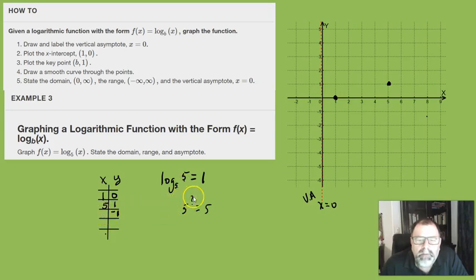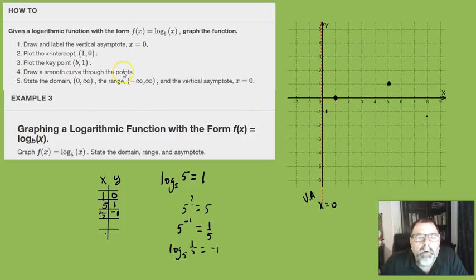See, 5 to the -1 is 1/5, so the input value has to be 1/5. Log base 5 of 1/5 is -1. So I like to do that point as well, so 1/5 is here, to give me a sense of how fast it's going over to the asymptote.